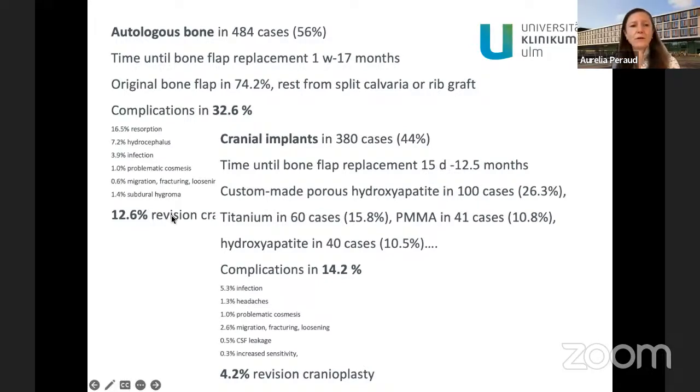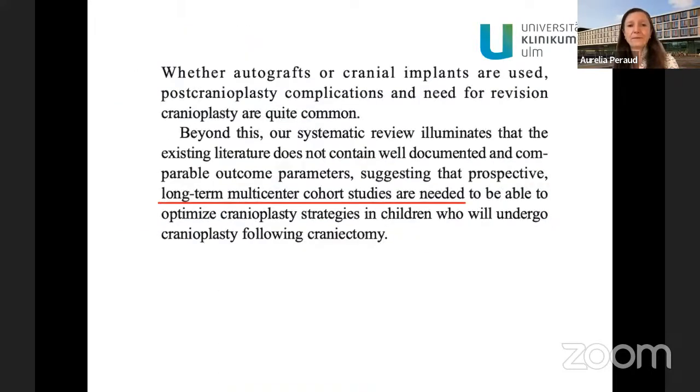Of course, resorption was not an issue, as already said, for the adult population. Also, the revision rate was much lower, and that was a surprise to me too, because as pediatric neurosurgeons, we always believe the best material is the bone, because we have a growing skull and an implant might not grow with the patient when he's small.